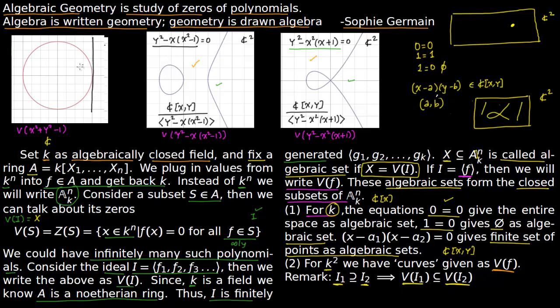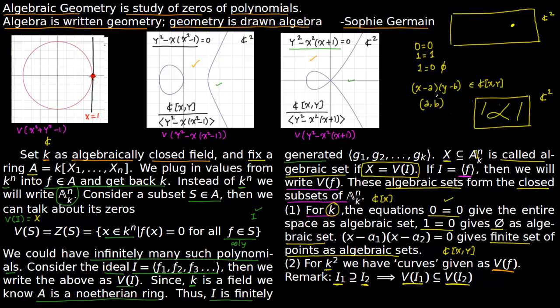Initially this entire red set was where the polynomial x squared plus y squared minus 1 equals 0 vanished, and x equals 1 is this entire line. But when you want both of these polynomials to vanish, they vanish only at a single point. This point is common to both x equals 1 and the equation of the circle.